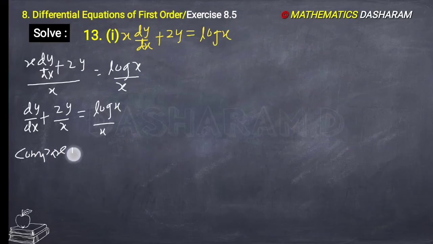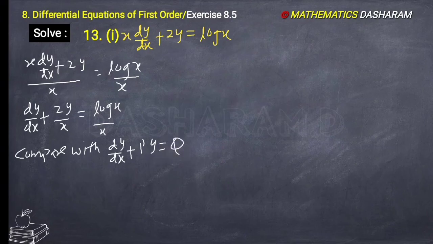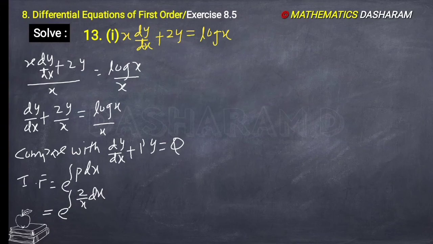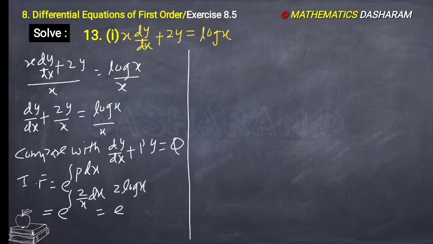Now compare with dy by dx plus p into y equals to q. So then here integrating factor is e to the power of integration p dx. E to the power of integration, the p value is 2 by x dx. So it is equal to e to the power of 2 into log x. So e to the power of log x square, then e and log cancel, x square is the integrating factor.